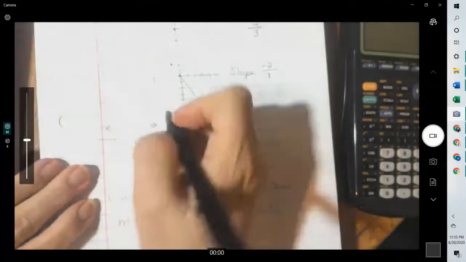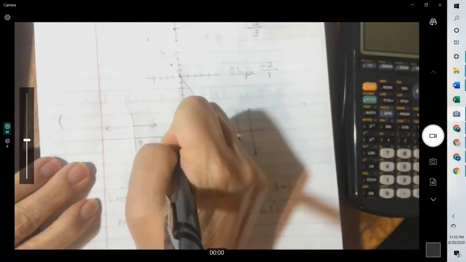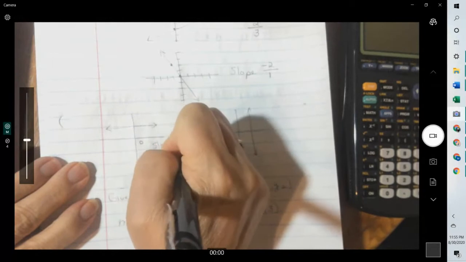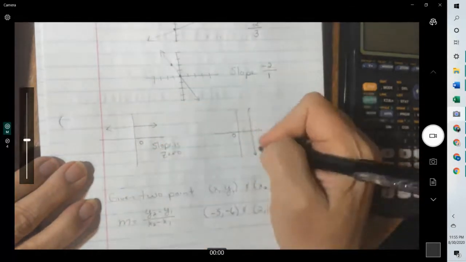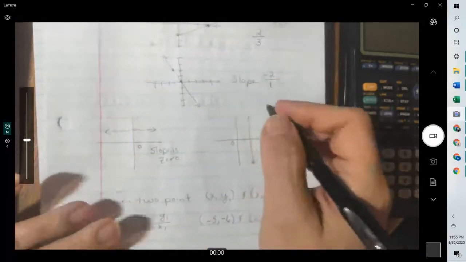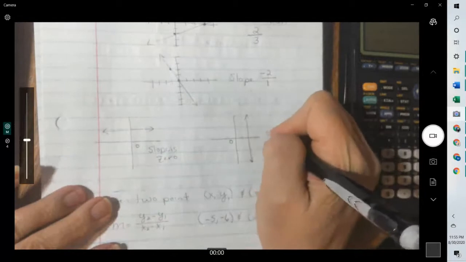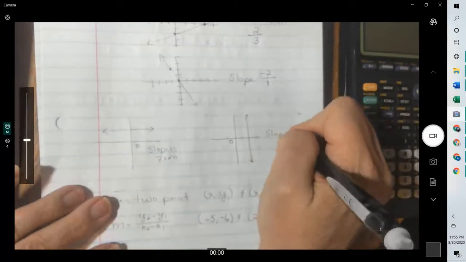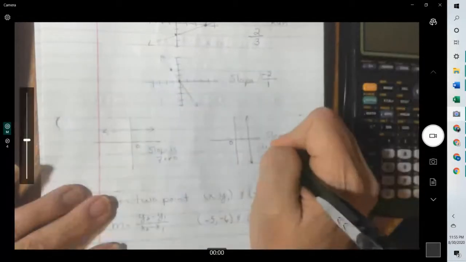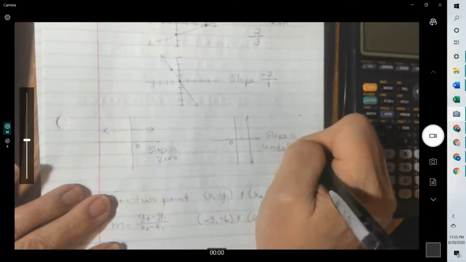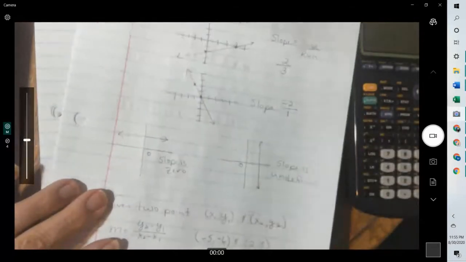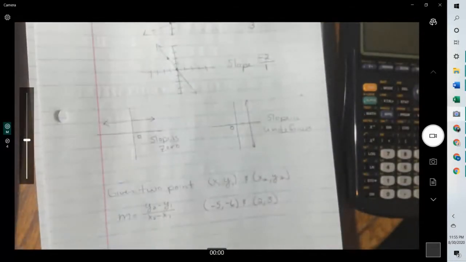When you have a horizontal line, the slope is 0. But when you have a vertical line, the slope is undefined. You just need to memorize those. They're two special cases.